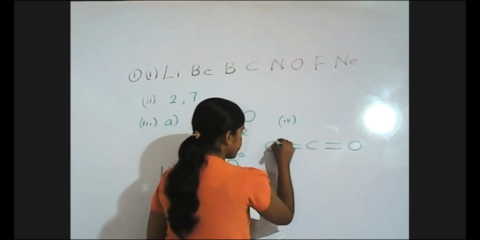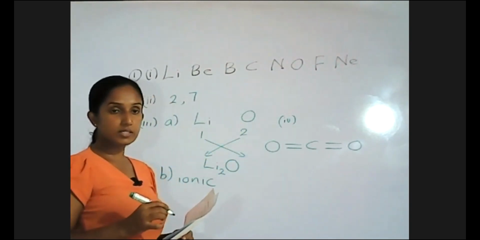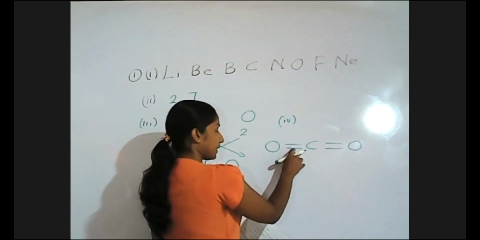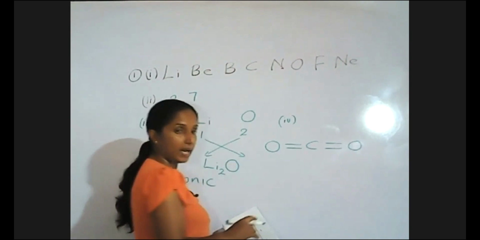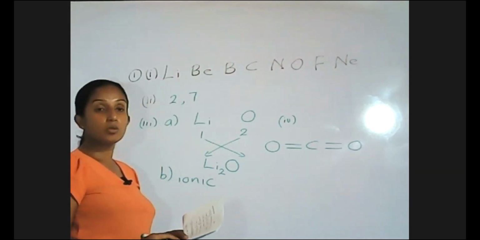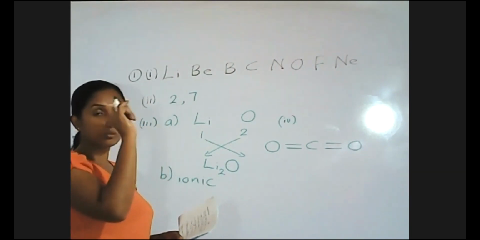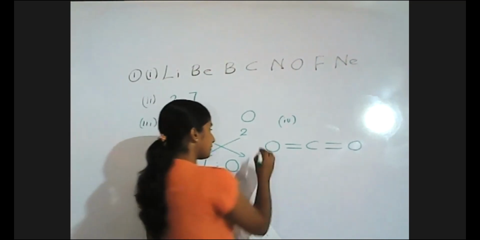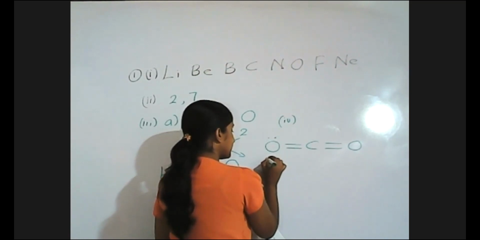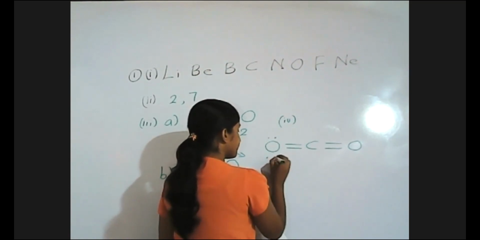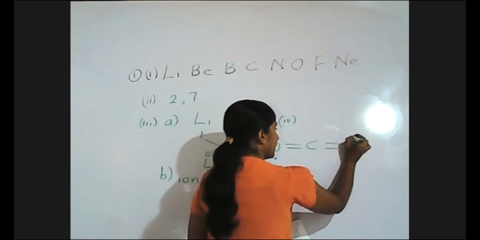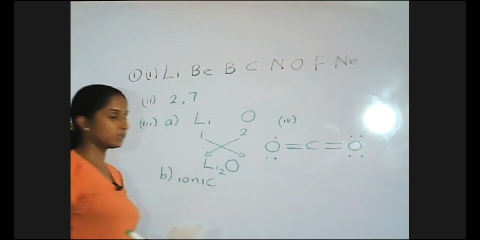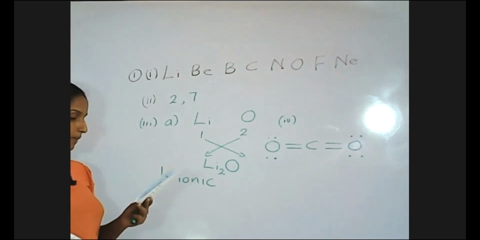When we are drawing Lewis structures, to show the bonds we use a short line like this to represent the bonds. And we have to represent the lone pairs using dots. No crosses in Lewis structures. You have to remember that one. And two lone pairs here, and another two lone pairs here. The Lewis structure of the carbon dioxide molecule.